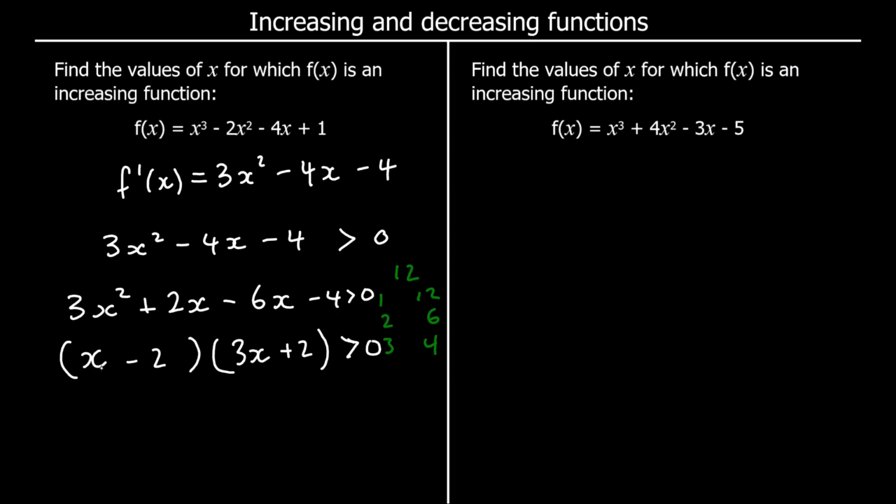So where is x minus 2 times 3x plus 2 bigger than 0? Let's have a quick sketch here. So it's equal to 0 when x is 2 and when x is negative 2/3. So negative 2/3 and 2, they're the points where it's equal to 0.